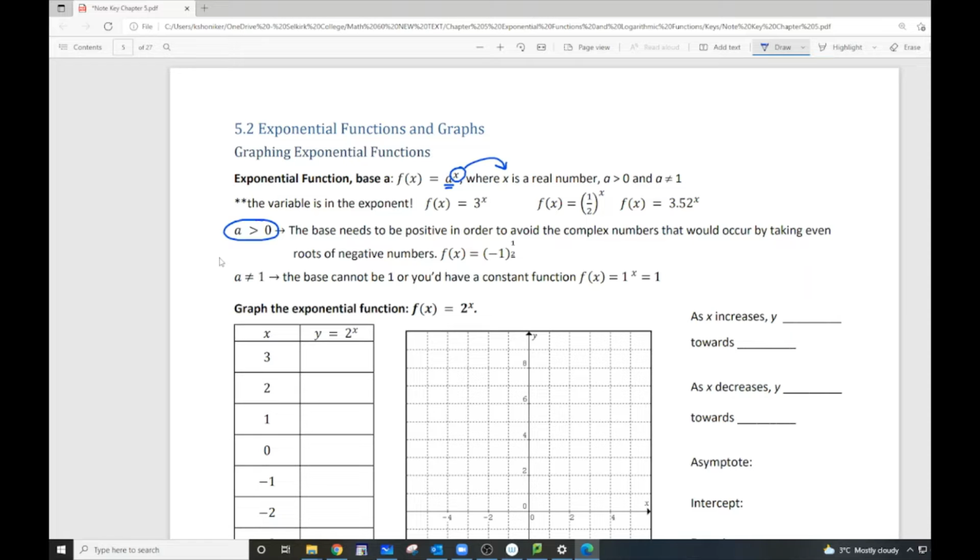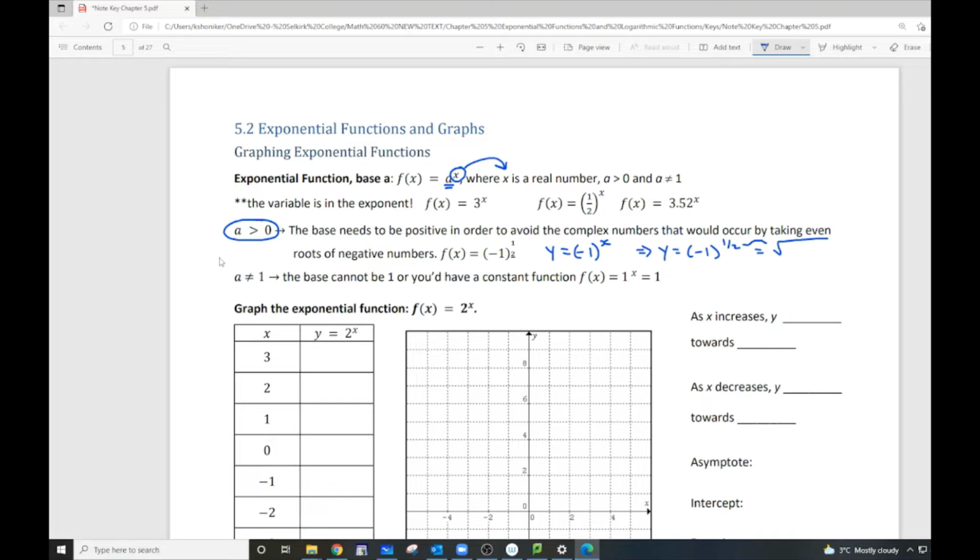In other words, if my original function was y equals negative 1 to the x, and in for x I put something like a half, and I tried to solve for y, the denominator of a rational exponent becomes the index.